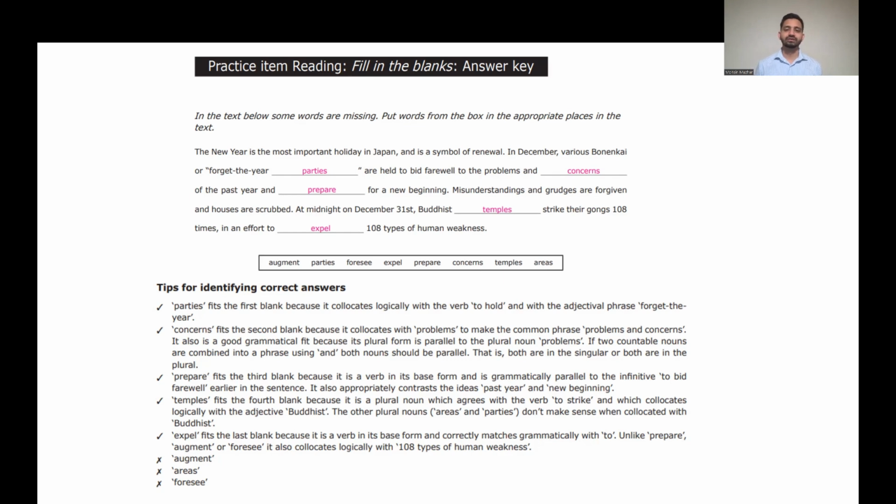In December, various Bonenkai, or forget-the-year, parties are held to bid farewell to the problems and concerns of the past year and prepare for a new beginning. Misunderstandings and grudges are forgiven, and houses are scrubbed. At midnight on December 31st, Buddhist temples strike their gongs 108 times in an effort to expel 108 types of human weaknesses.